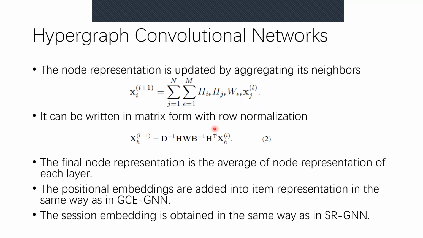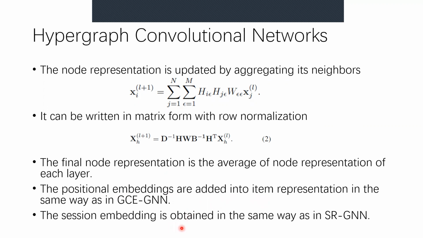And it can be written in matrix form with row normalization, which is like this. And the final node representation is the average of the node representation of each layer. Then the positional embeddings are added into the item representation in the same way as in GNN.